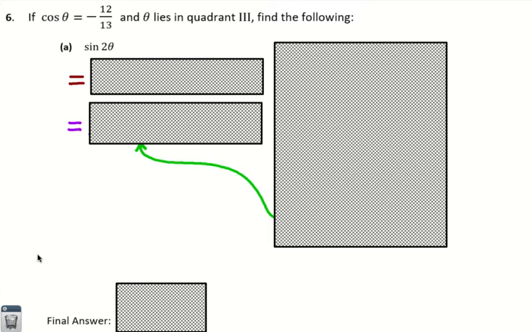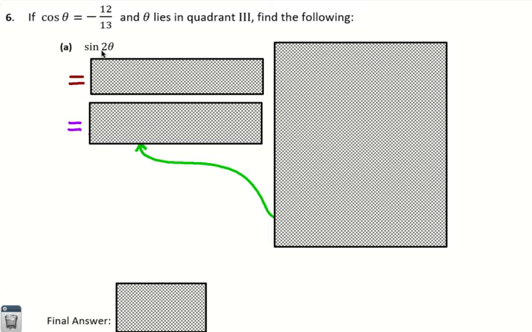Number 6A, anyway. First wants you to figure out, at the end of the day, what they want is the sine of 2 theta. The sine of 2 theta, this is where you need to convert it or switch it out with what the formula says it is.